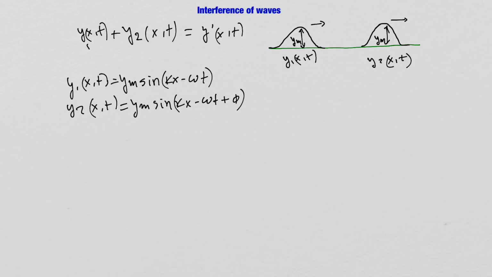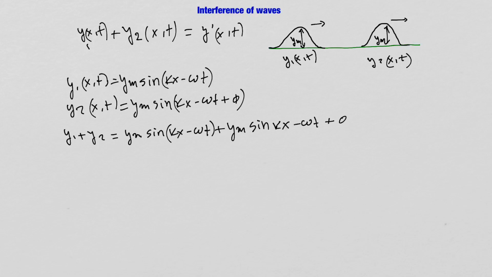So the two waves are shifted by a phase angle phi from each other. Okay, so adding the two together, y1 plus y2 is equal to ym sine of kx minus omega t plus ym sine of kx minus omega t plus phi.